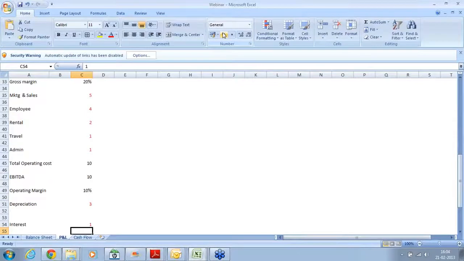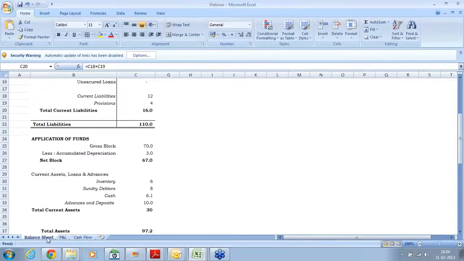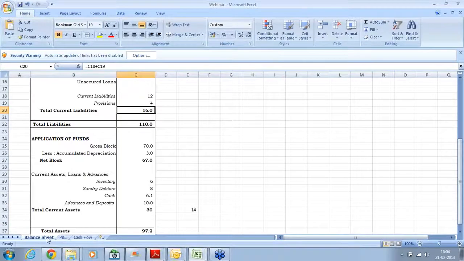And then the other figure which they look into is your working capital. I explained to you in the cash flow statement itself, they will try to see how fast you are converting your inventory and sundry debtors into cash. Let us say you're able to show that within 1 month you're able to convert everything into cash.